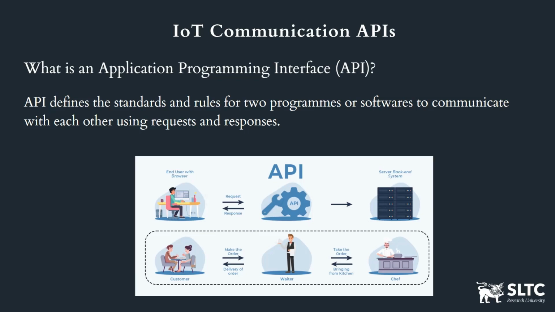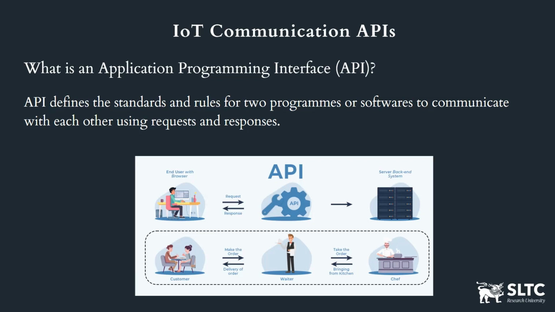Basically, different software have different functionalities. So they are programmed to work for a certain application and to give a certain output. However, since those software are different from each other, there should be a standard on how they connect to each other. So those standards are given by this API.